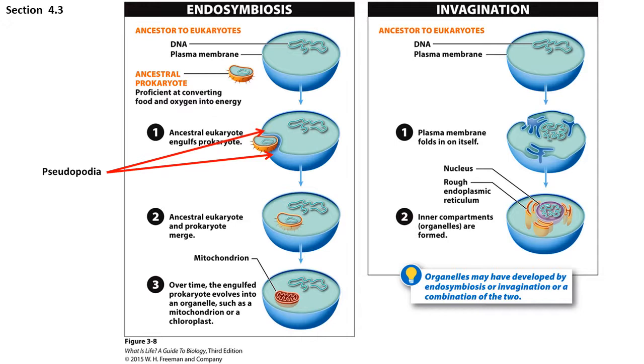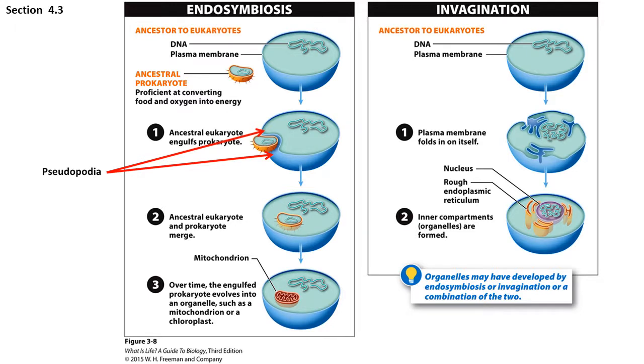With endosymbiosis, if you think of the word symbiosis, it means that both parties in an interaction are benefited. What would be the benefit for the mitochondria or the chloroplast in this case to be taken in by this invagination or endosymbiosis? They are protected from harm.